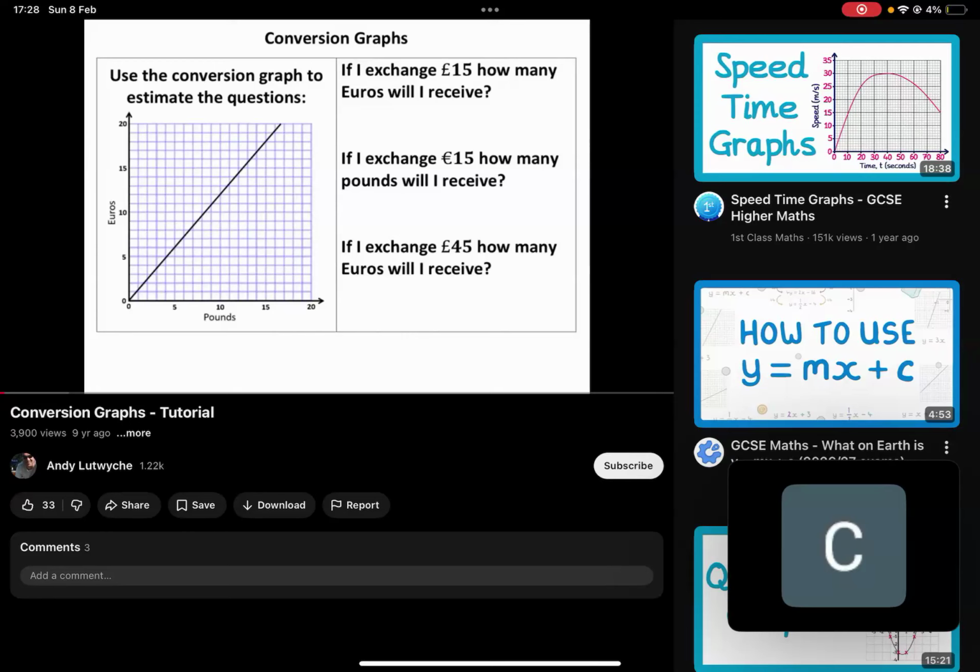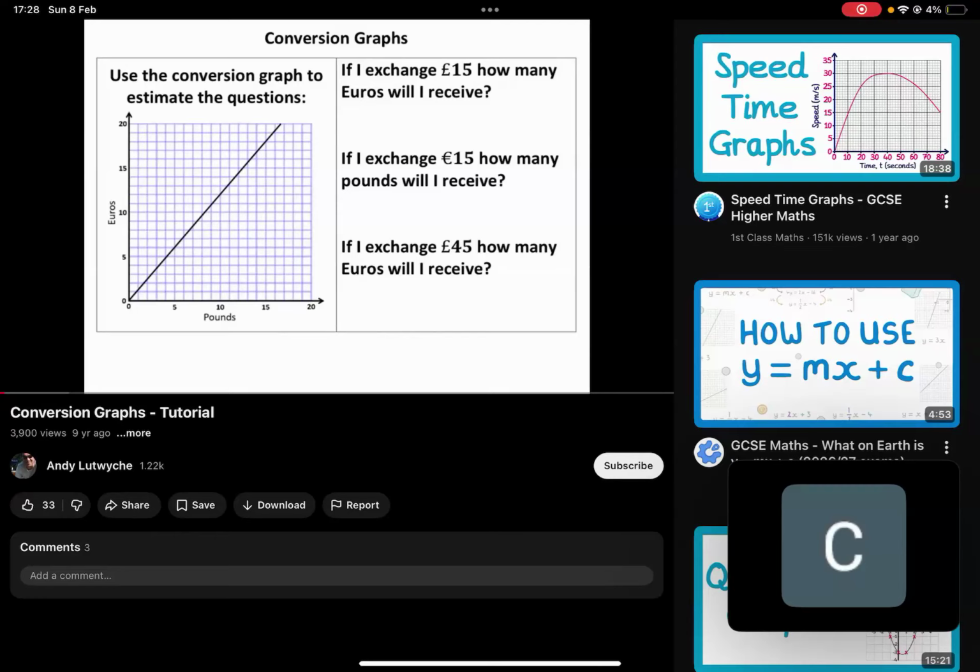So what I noticed about these graphs is that they will be testing your ability to read off values on both the x and y axes. For instance, this first one says, if I exchange 15 pounds, how many euros will I receive?